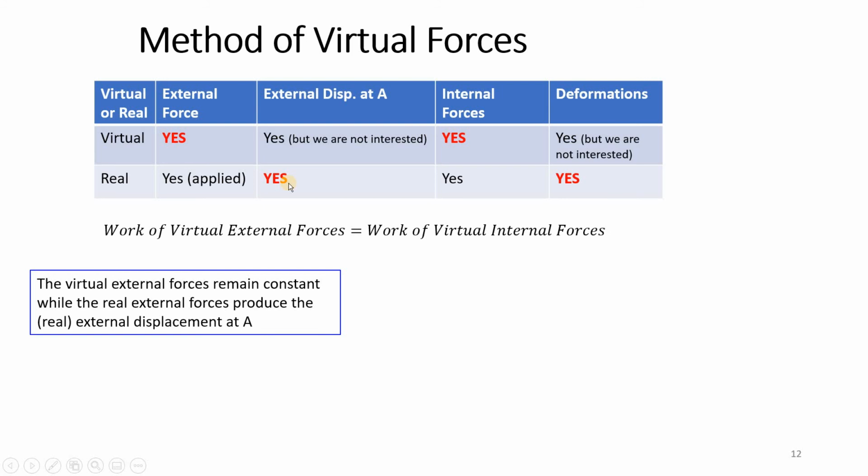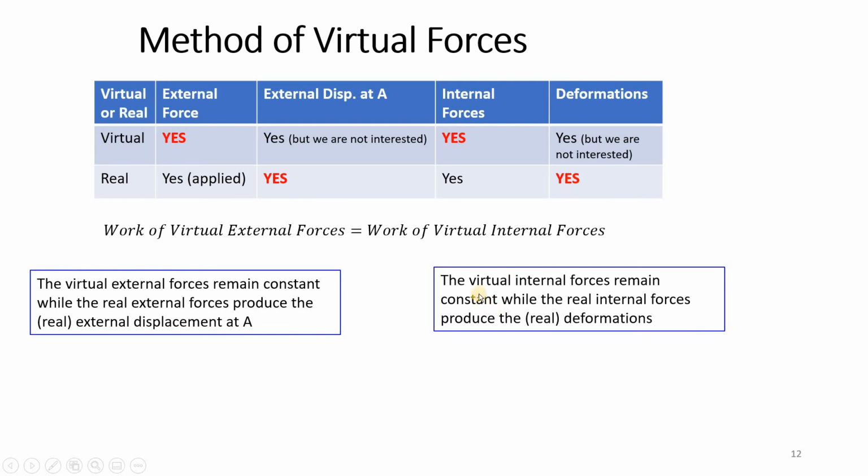Similarly, the internal virtual forces remain applied, they remain constant, while the real internal forces produce these deformations. Let me show you this. The virtual internal forces remain constant while the real internal forces produce the deformation.